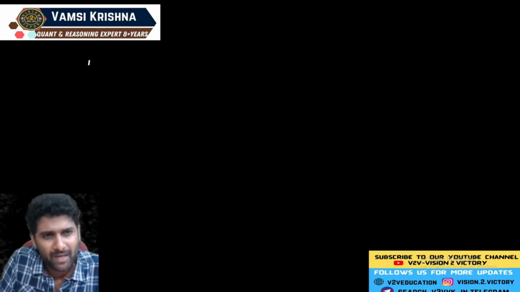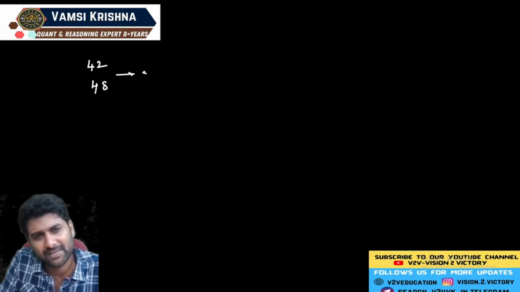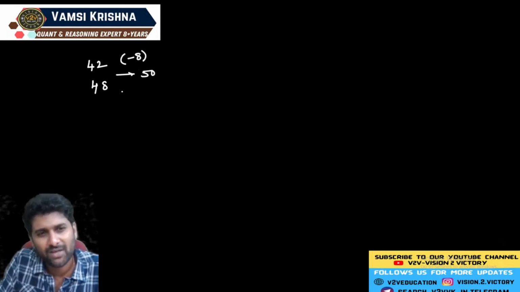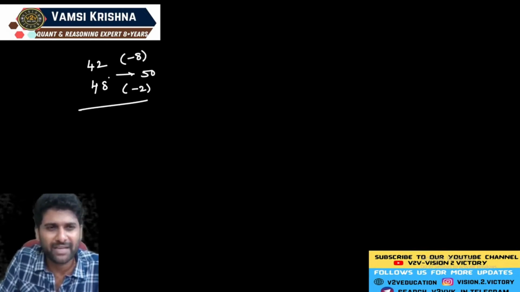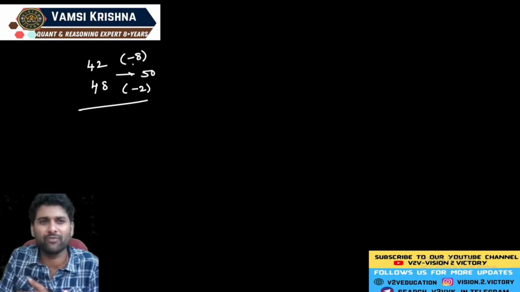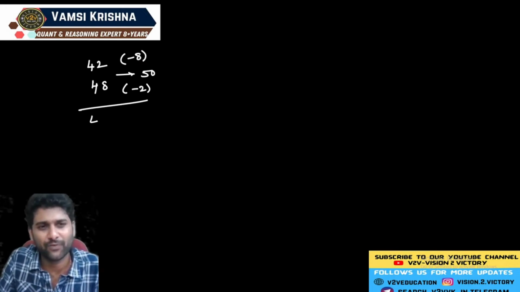Let me take a few more examples. For example, 42 and 48. Now take 50 as the base number. 42 is less than 50 by 8 units, and 48 is less than 50 by 2 units. Now if you take cross multiplication, 42 minus 2, or 48 minus 8, the resultant is 40.